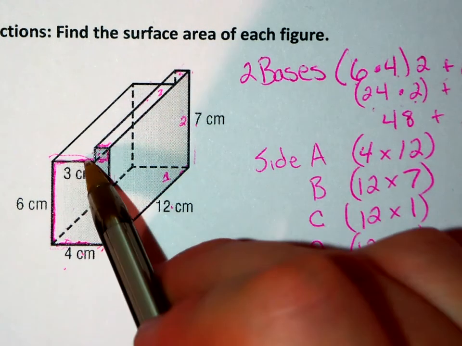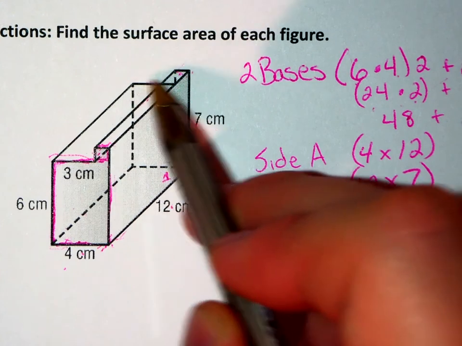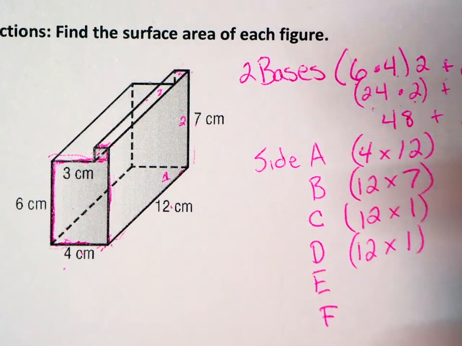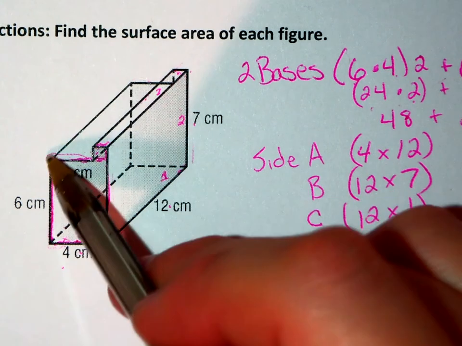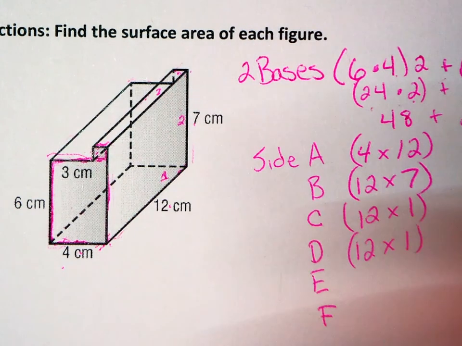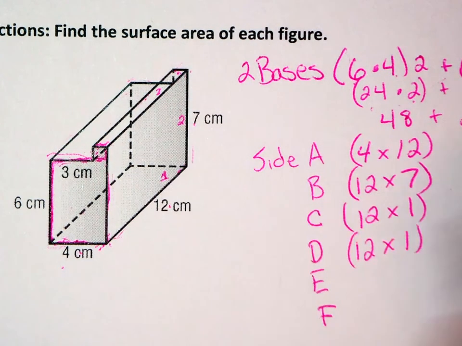Now we have an edge rectangle for the top of the major portion of this shape that is 3 wide and 12 long.